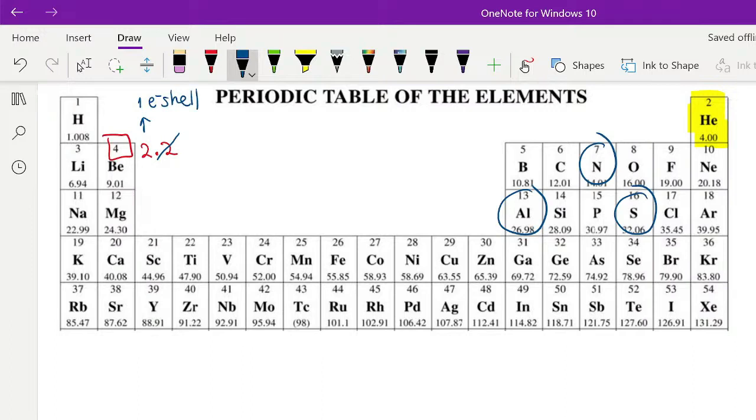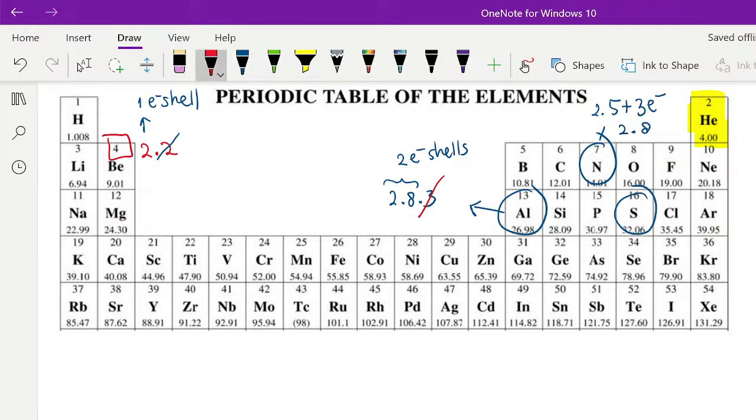So you do that for each of these. Aluminium loses 3 electrons, so it occupies 2 electron shells, because from 2.8.3 it loses 3 electrons, so it ends with only 2 electron shells. Whereas nitrogen, 2.5, gains 3 electrons and becomes 2.8.